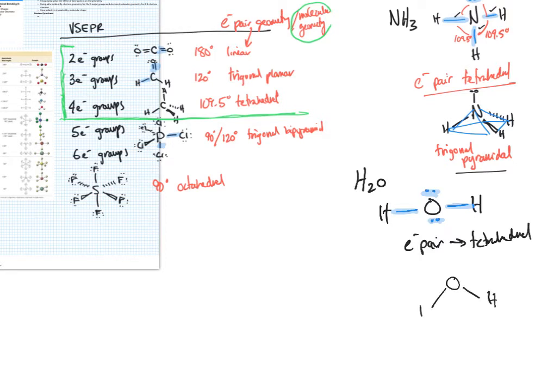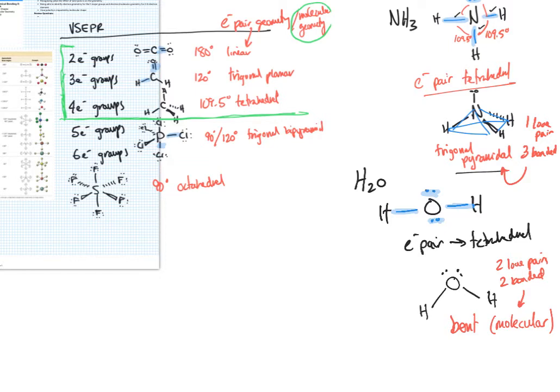And you've probably noticed when I've written water on the board, I've always written it in this geometry because this is what it really looks like. We call this a bent geometry. That's the molecular geometry. What does this consist of? 2 lone pairs, 2 bonded. If we have that situation, then we have a bent. Here we have 1 lone pair, 3 bonded, and then we have trigonal pyramidal.